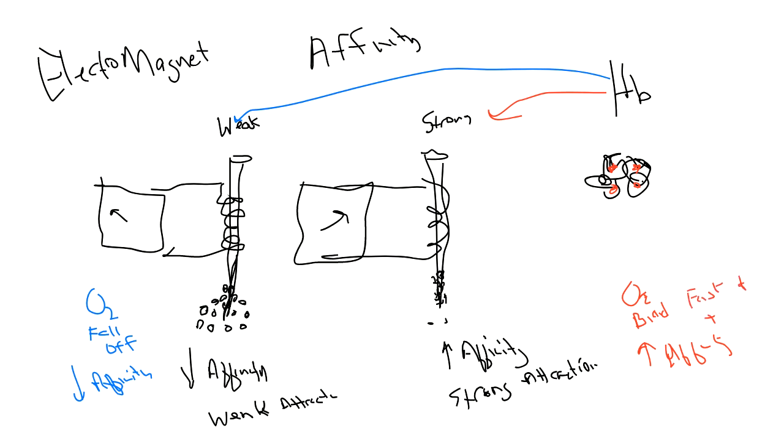Everybody still with me with the analogy? So remember, with my magnet, what I was changing was the voltage that was going through there. So something has to be changing for hemoglobin to sometimes act like a weak magnet and sometimes act like a strong magnet. Does that make sense?